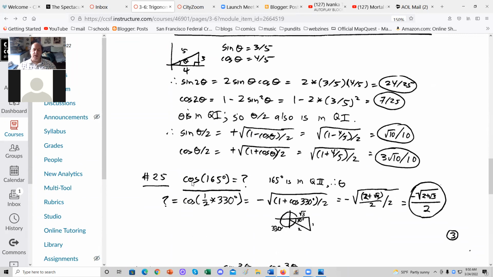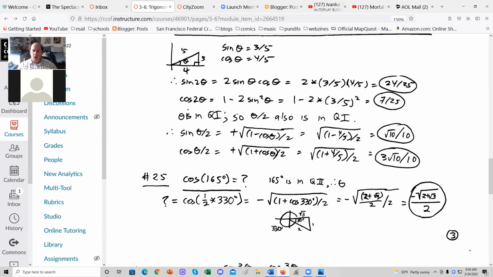Here we have a half angle problem. Cosine of 165 degrees is what? Oh dear, this needs some changing. Okay, 165 degrees is in quadrant 2. Half of that will be 80 something degrees, quadrant 1.